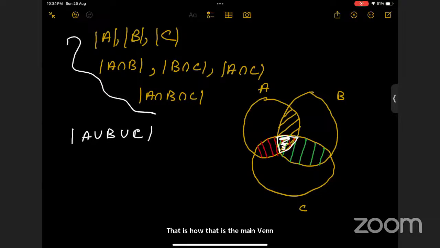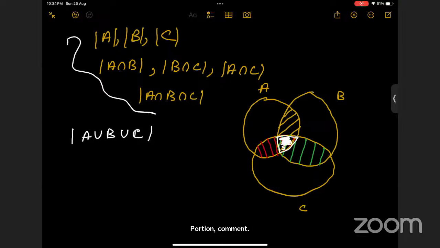We will get sets. If there is an intersection, you have something common to both A and B, and something common to both B and C, and similarly for the others. If there is an intersection of A, B, and C, then you will get some portion common to all three sets.